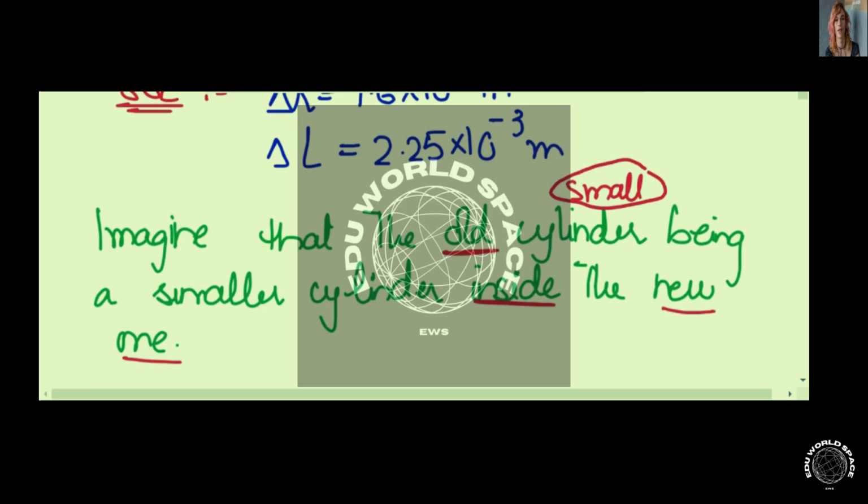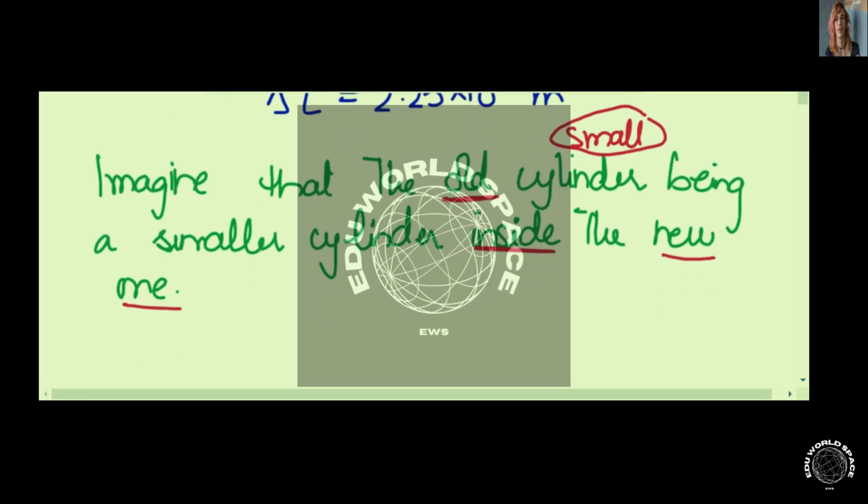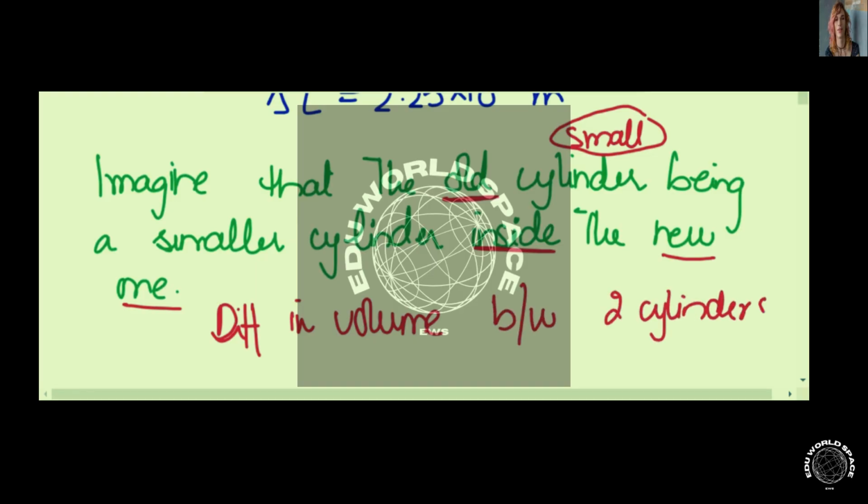Fine. So now there would be some difference in the volume between them, right? So there would be some difference in volume between these two cylinders, and only that is how it's possible that this old cylinder is smaller and inside the new cylinder. So that difference is what we want to find out, right?